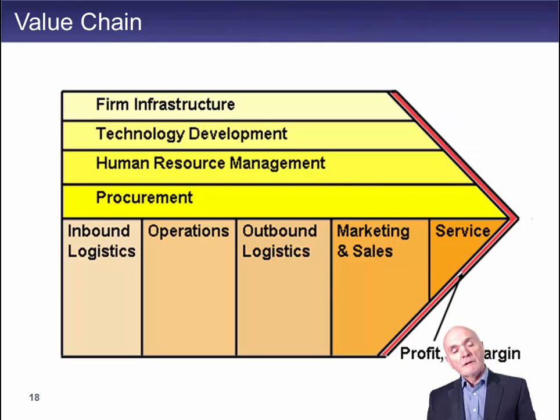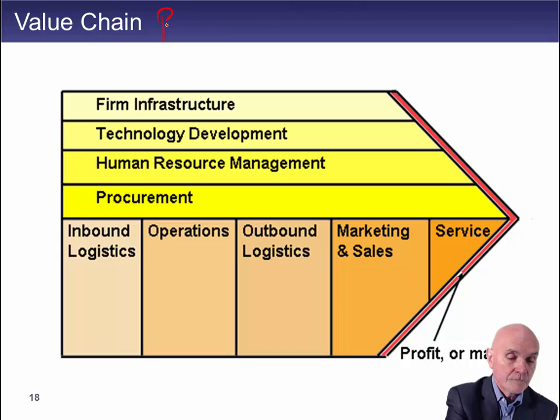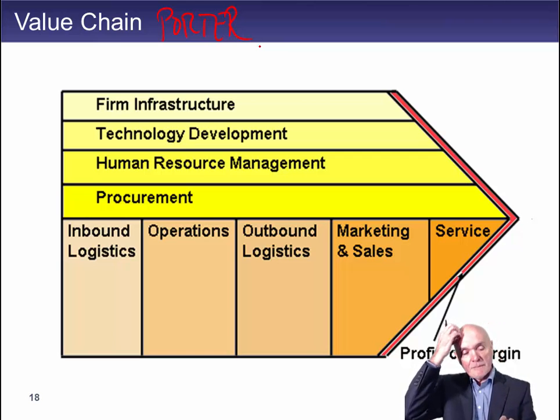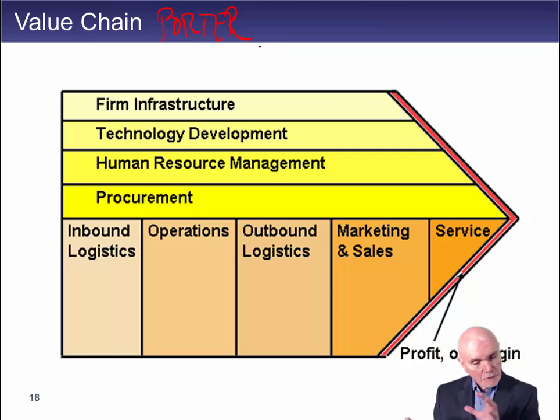The final thing we look at in this chapter is the value chain, which is again a kind of invention of Porter. And you have to know what's on this, really. The shape isn't quite so important, but you have to know the names in the boxes.